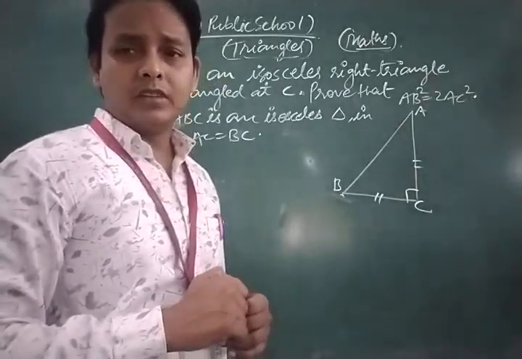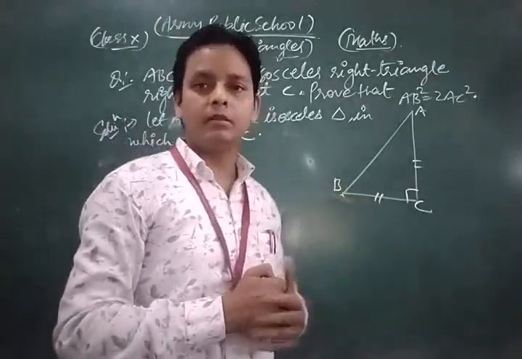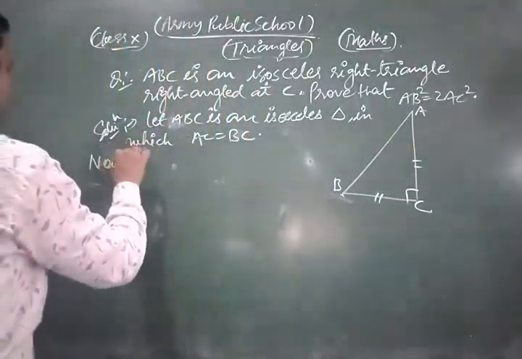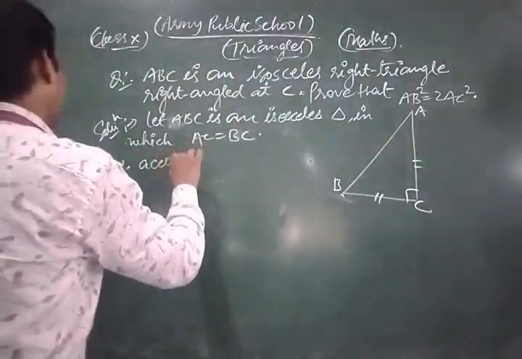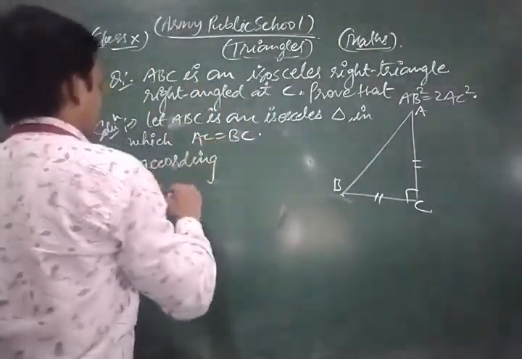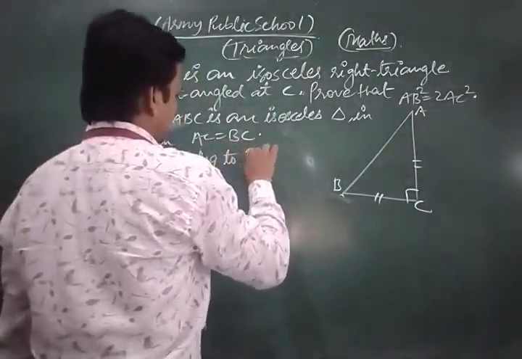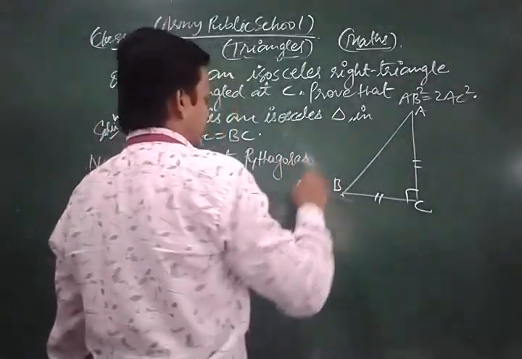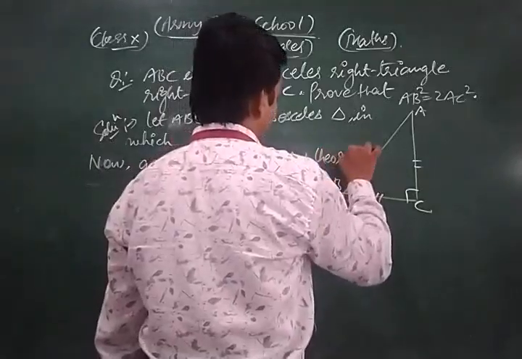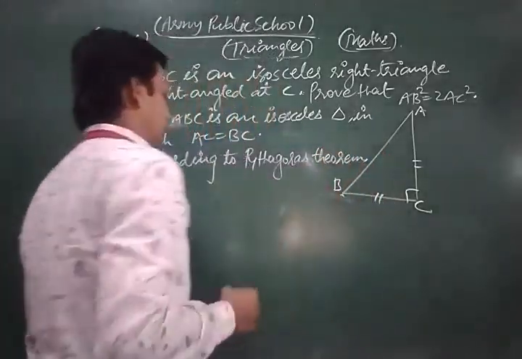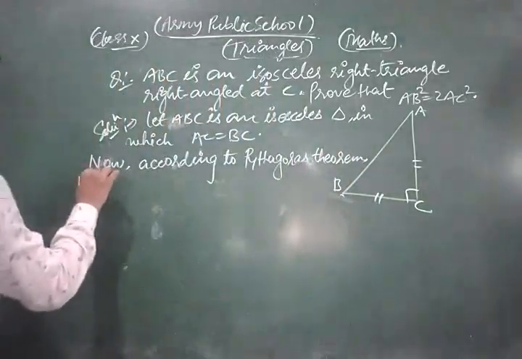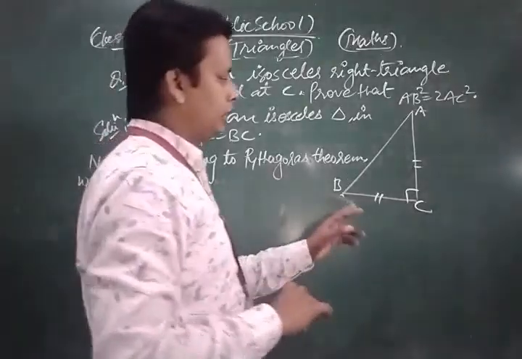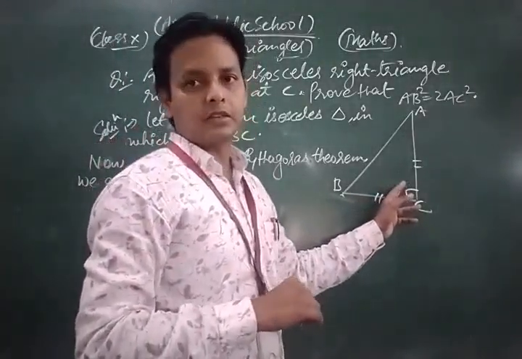Now, dear students, we apply the Pythagoras theorem. According to the Pythagoras theorem, we get, the side opposite to the right angle is always the hypotenuse.